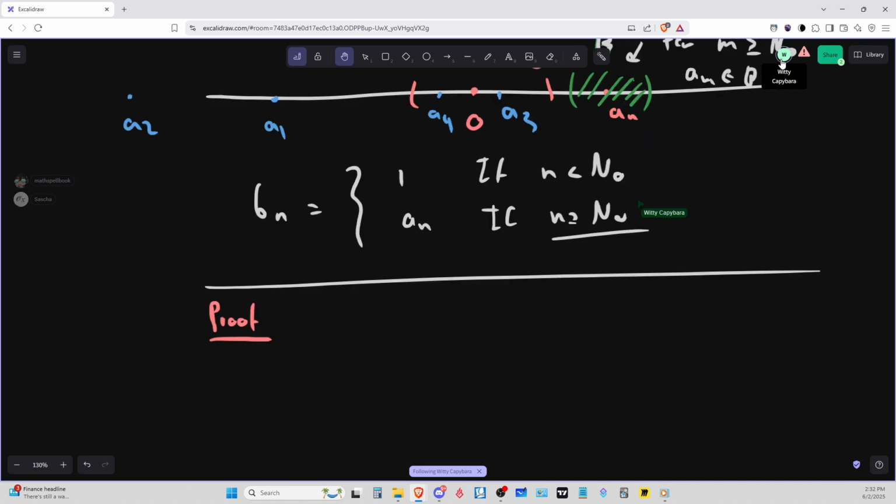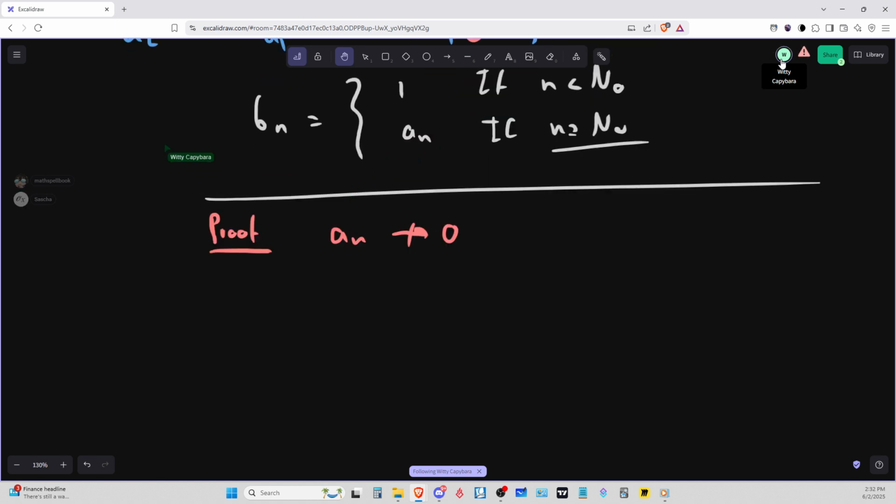Okay, proof. So we know that a_n is not converging to 0, right? That's one of the givens. So what does it mean formally? If it was converging to 0, it means that for every epsilon we should be able to find some big N such that for all ranks beyond that, the absolute value of a_n should be less than epsilon.